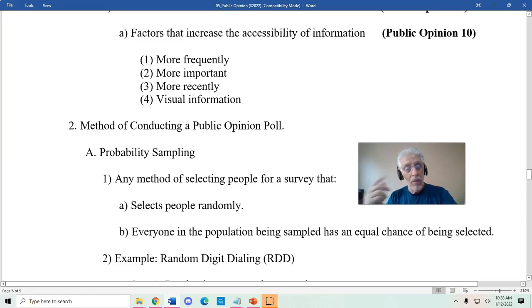Now also, another thing that affects the accessibility of information is how recently you've heard the information. So if you were to watch my video on the memory-based model the night before your exam, it would be more likely to be at the top of your head because you would have heard it recently.